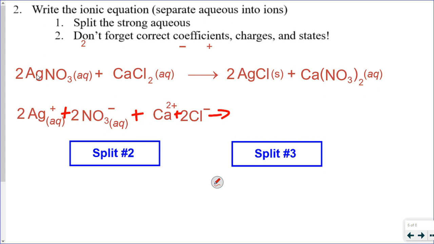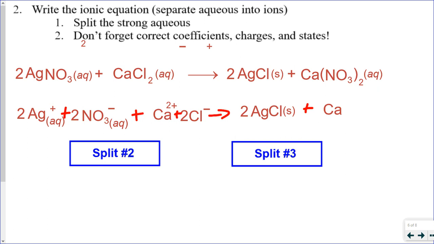And then we do the same thing on the product side. Now, the first case, we have AgCl solid. That's not aqueous. That means it's going to stay together as a unit. So we're just going to have that exact same thing here. And with that, we have calcium nitrate, which is aqueous. So just like on the other side, that's going to break apart into its components.